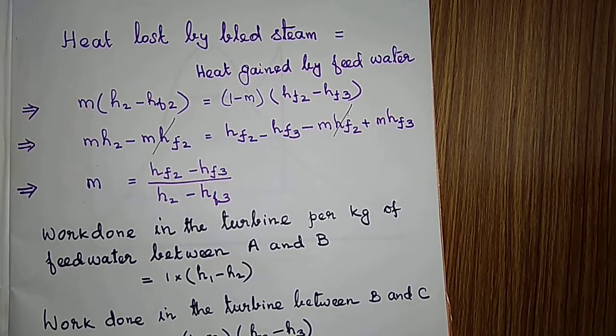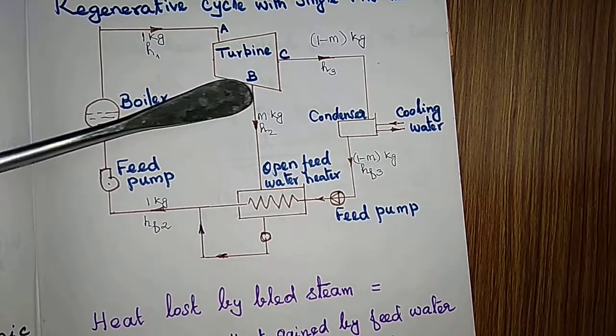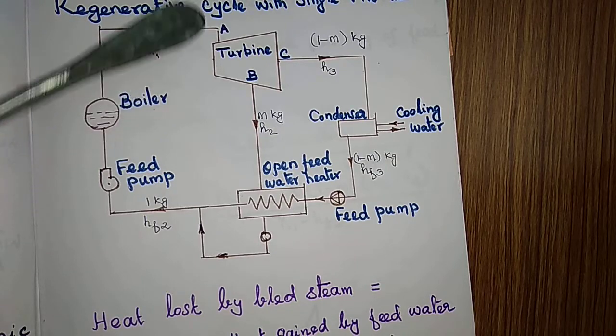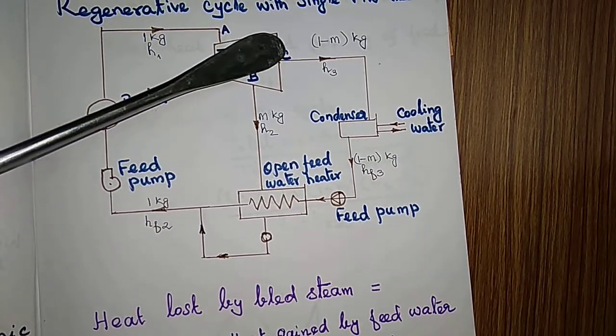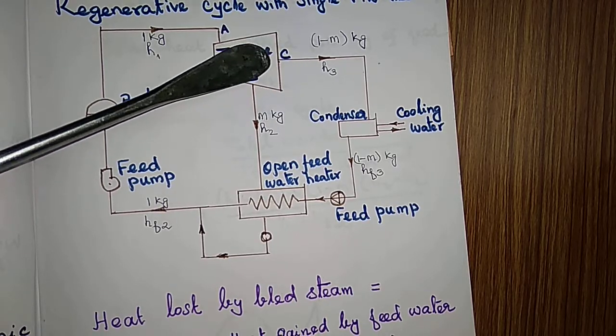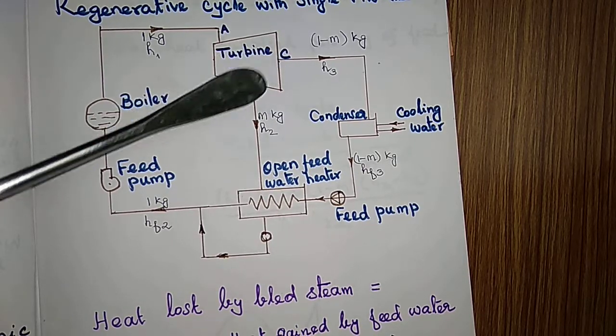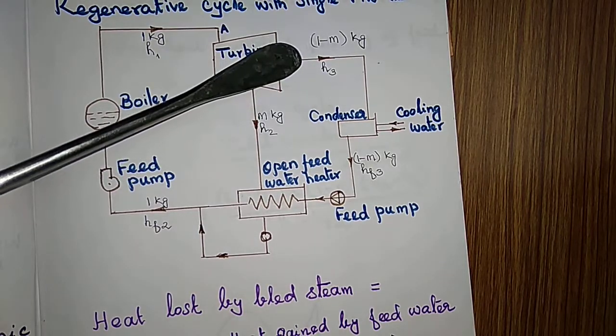Work done in the turbine between B and C. Between B and C, how much is the work done? Here m kg is leaving. So what is going from B to C? It is only (1 minus m) kg. (1 minus m) multiplied by (H2 minus H3).